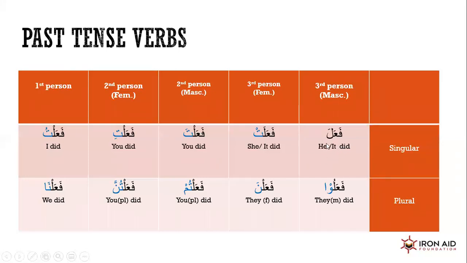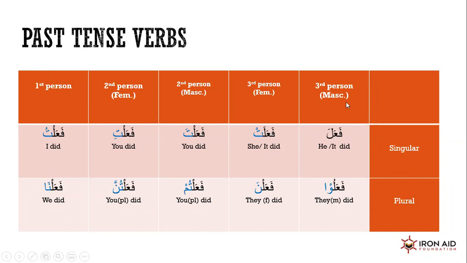Again, we covered he and it can be used together. So he or it did, fa'ala. Now, if we add this waw and alif here, fa'alu would mean they did. So by addition of this waw here, it gives the different meaning of they did.